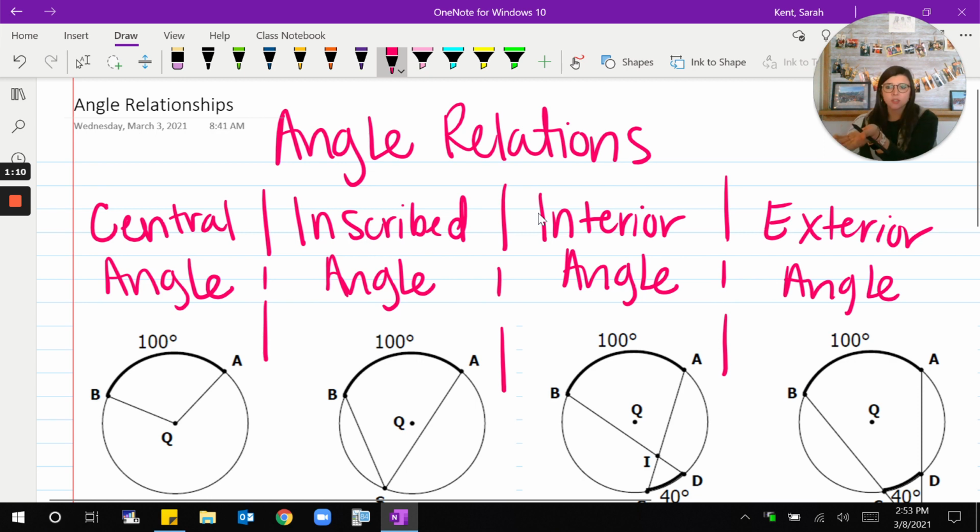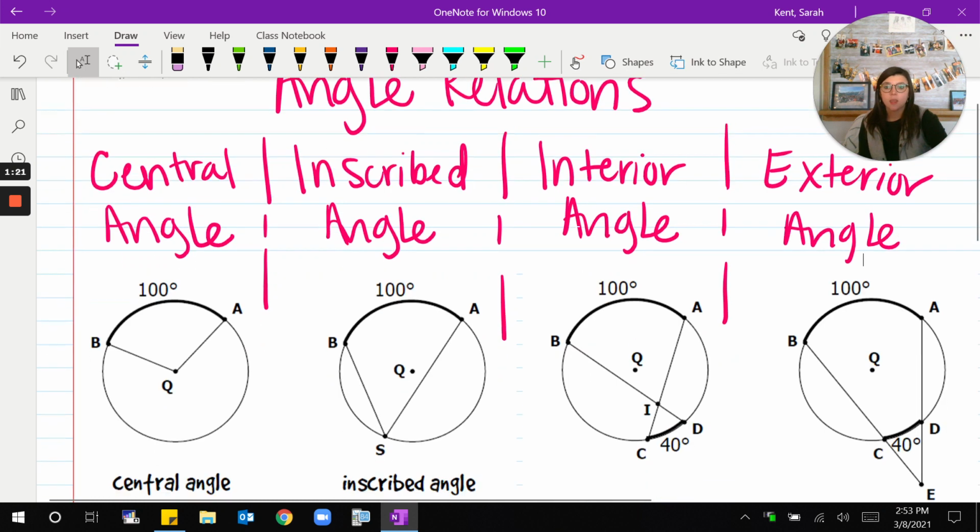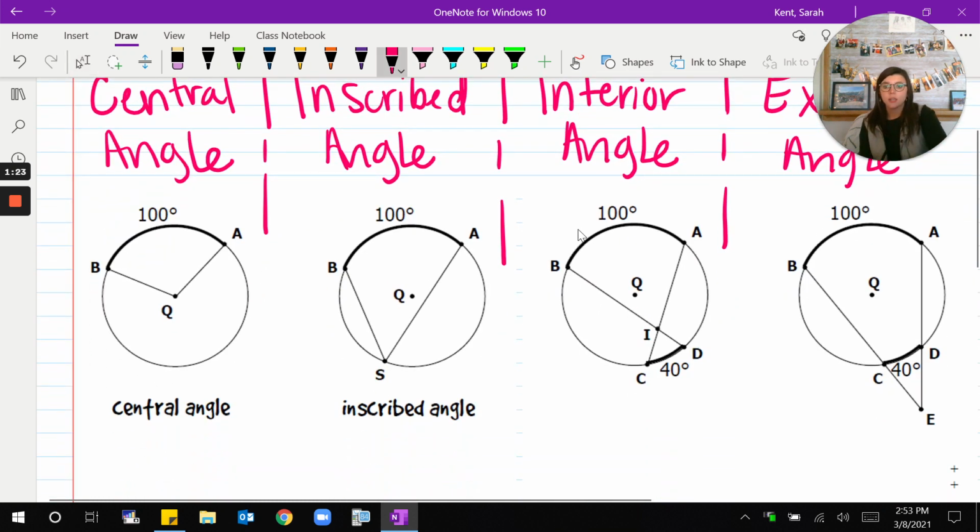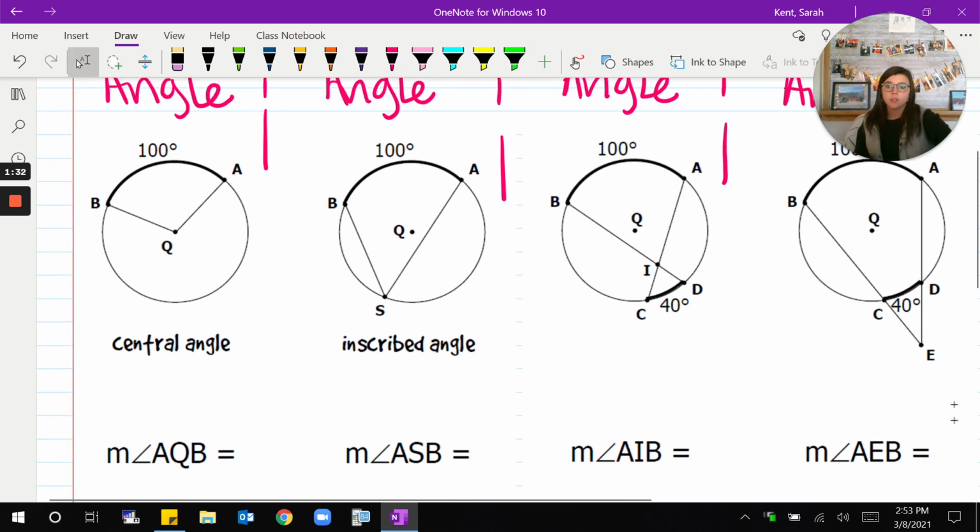So let's start with the central angle. We looked at these back in our very first lesson. With a central angle, the central angle is going to be the same as the connected arc. So if we look, here you can see we have this circle. We've got arc BA and angle BQA. So we know that the arc BA is equal to 100 degrees.